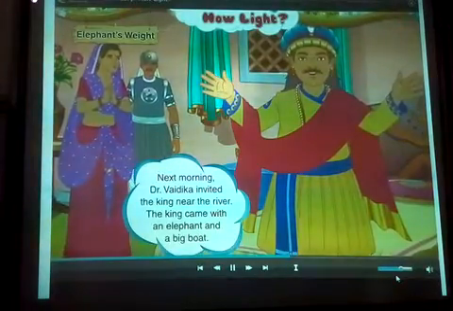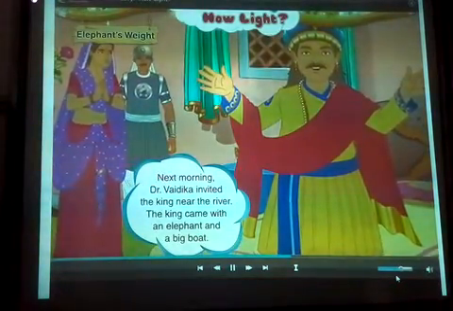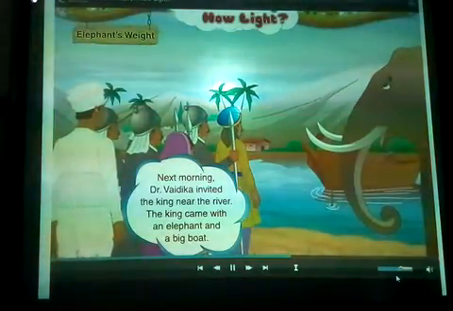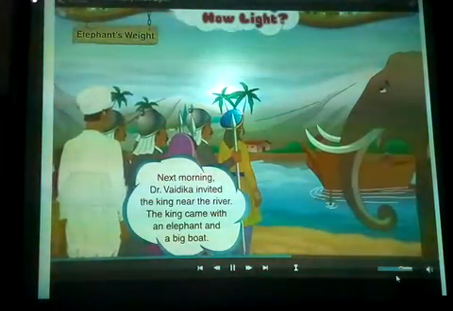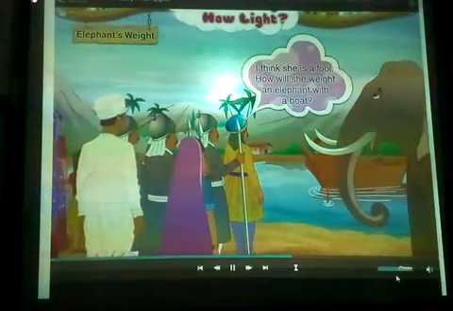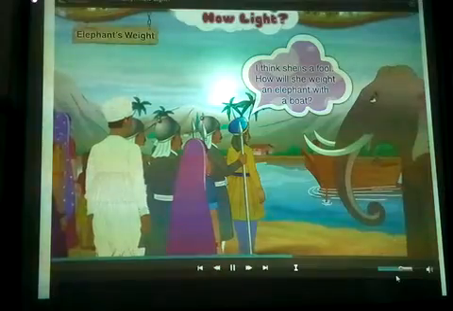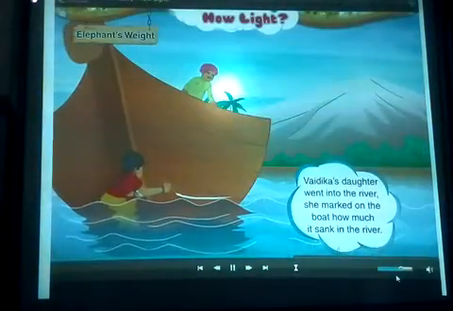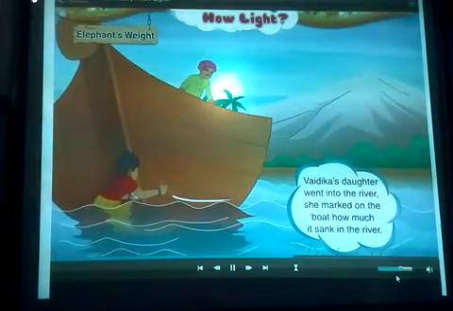Next morning, Dr. Vedika invited the king near the river. The king came with an elephant and a big boat. The king says, "I think she is a fool. How will she weigh an elephant with a boat?" Vedika's daughter went into the river.